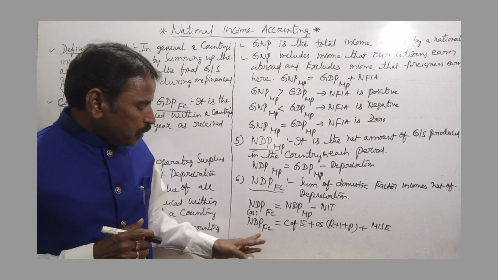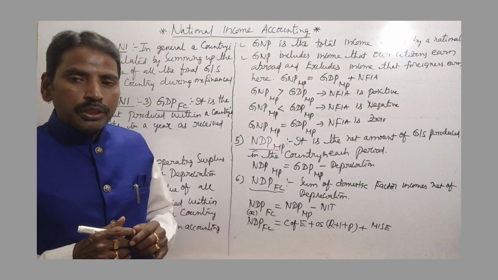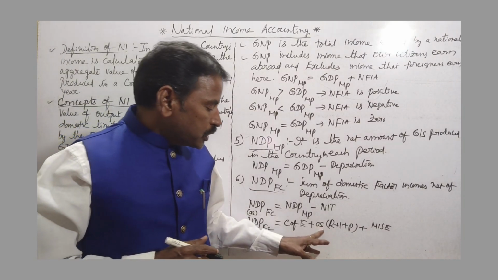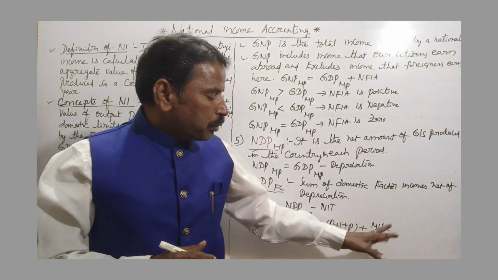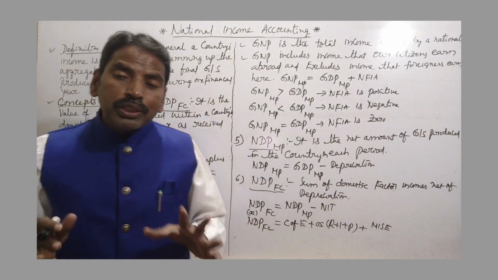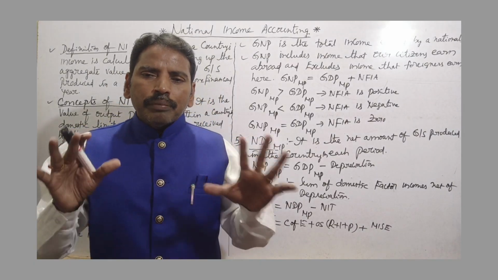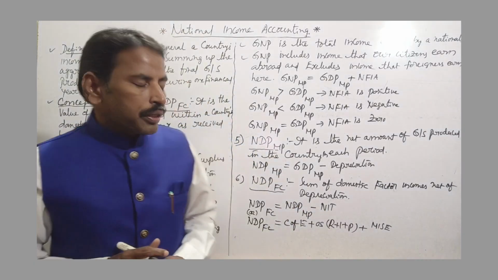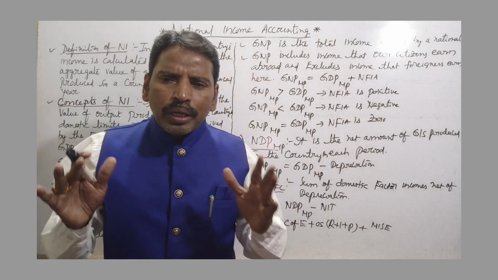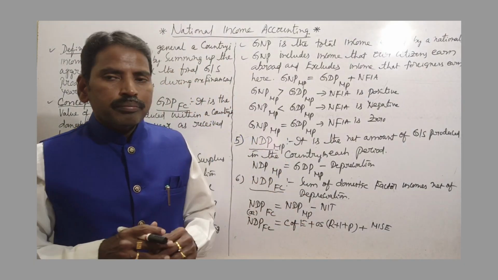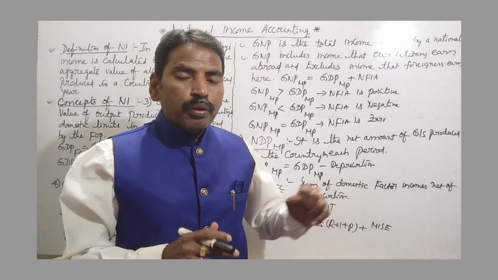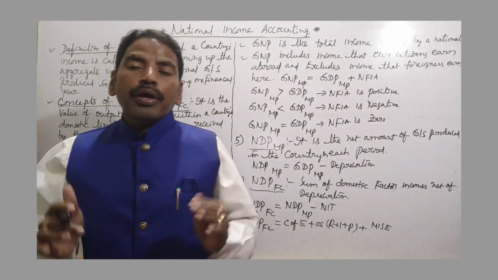So what is compensation of employees? Labor income. Operating surplus means non-labor income or capital income, that means rent, interest, profits. Mixed income of the self-employed is self-employed services.